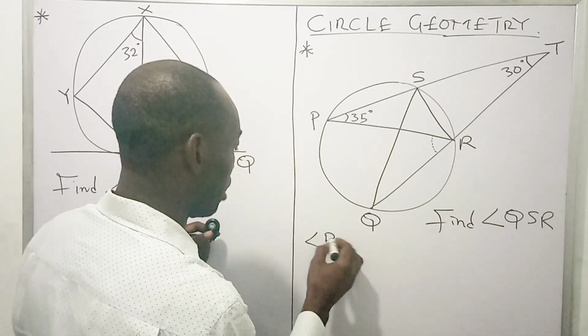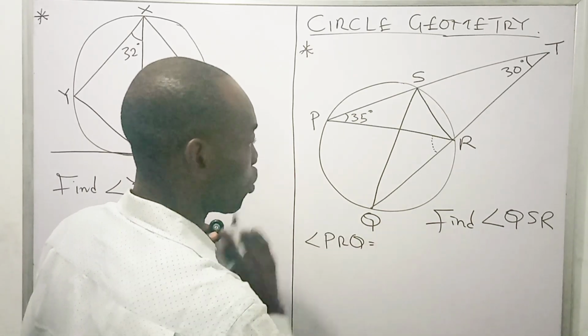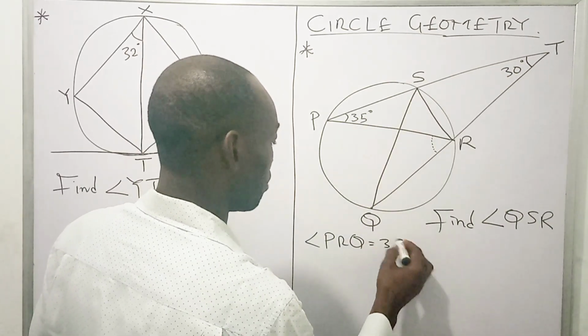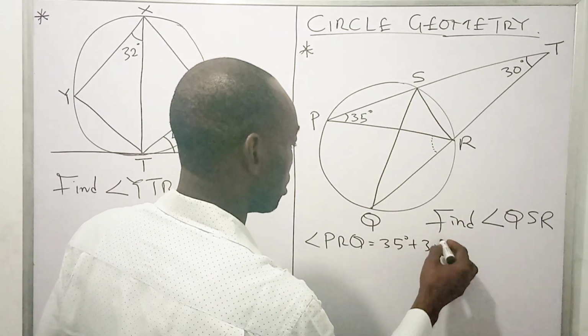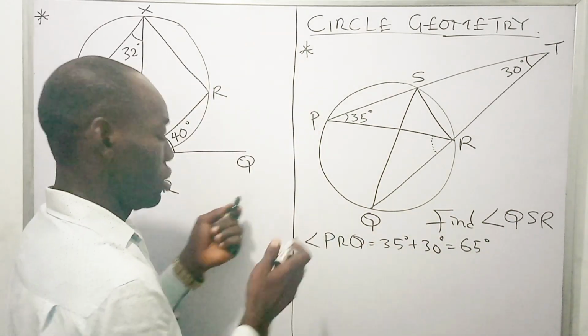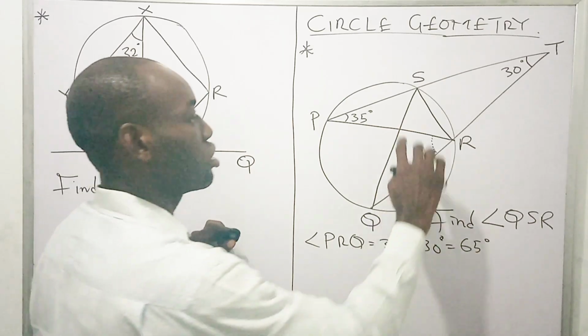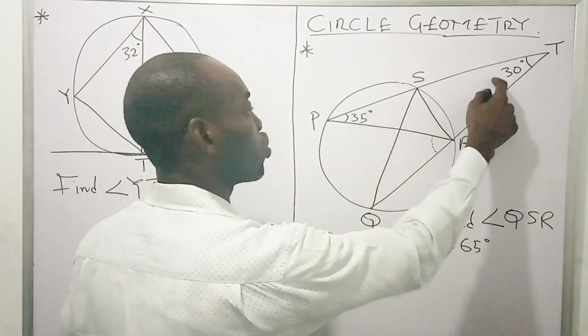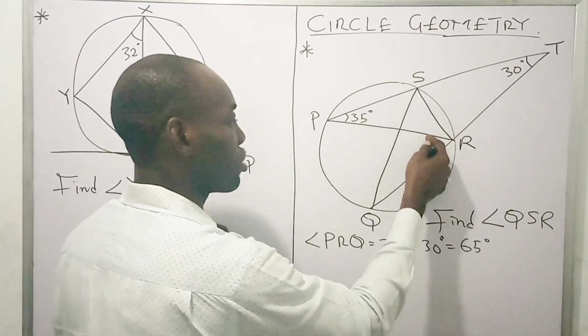So angle PRQ will be equal to the sum of these two angles, which is 35 degrees plus 30 degrees, and that will give us 65 degrees. And the reason is this: there's a theorem for triangles that states that the exterior angle is equal to the sum of the two opposite interiors. So the sum of these two will give us the exterior here.